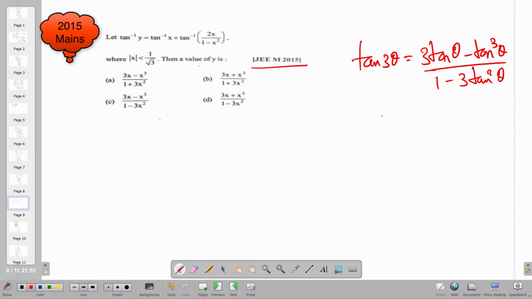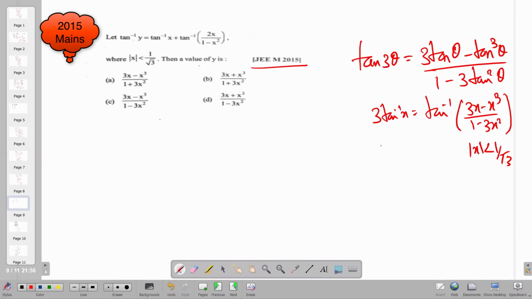And in terms of inverse, this is 3 tan inverse of x is equal to tan inverse of 3x minus x cube upon 1 minus 3x square, provided mod of x should be less than 1 by root 3, or 3x square should be less than 1, or x square should be less than 1 by 3, and further on solving I get this as my answer. So this is my given condition here.